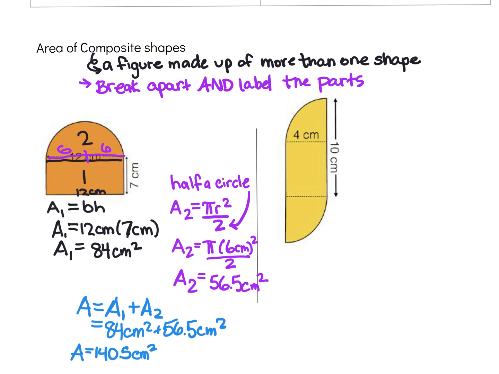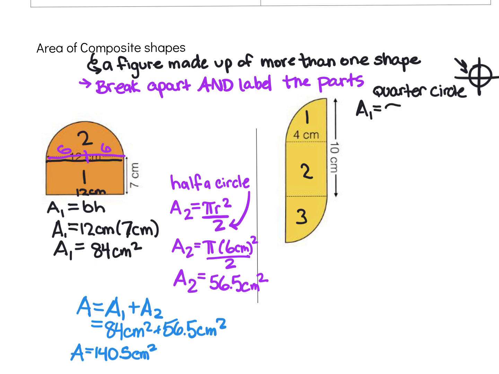This next example right here, I'm going to break these. It's kind of already broken up for us. So this is going to be 1, this is going to be 2, and this is going to be 3. If we look at shape 1, area sub 1, this is a quarter of a circle. If we were to take a circle and break it up into quarters, that's what we're seeing right there.